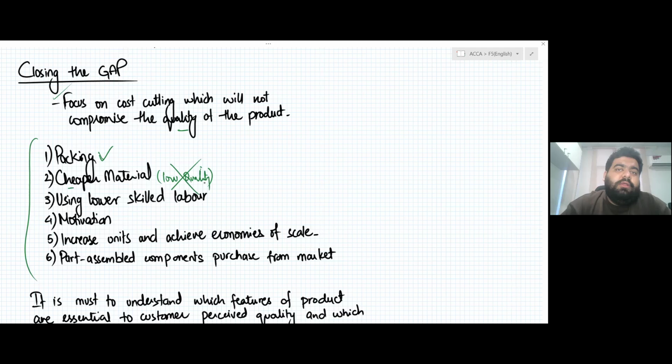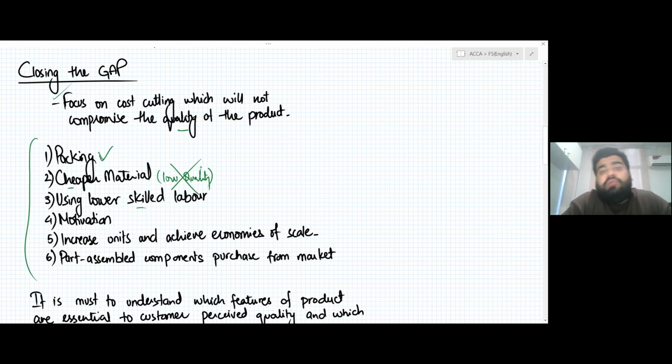If you feel you can get material at a lower price from another supplier, focus on that and do the work on it. If you get that, obviously cost can be cut.